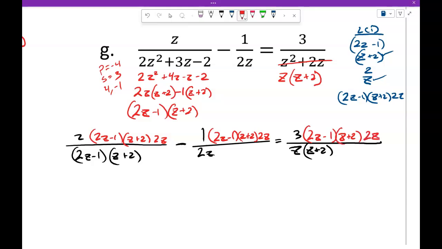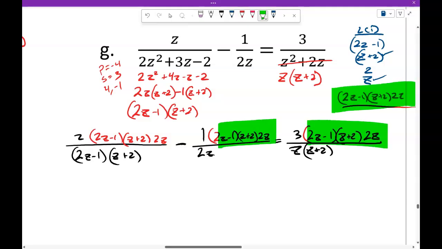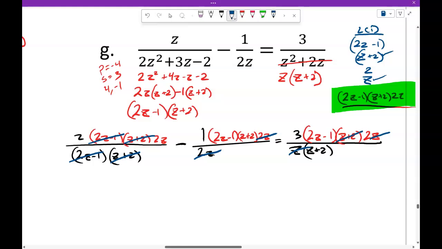So everything's multiplied by that LCD. There, there, and there. Let's go ahead and simplify. What's left in our first one is z times 2z, giving us 2z squared, minus, what's left in the second one is 2z minus 1 times z plus 2.